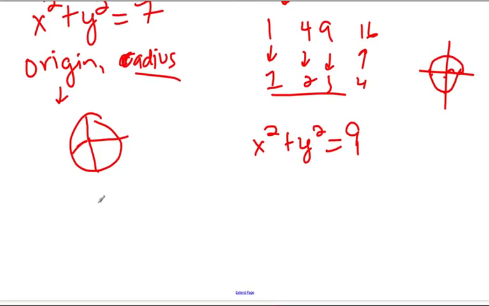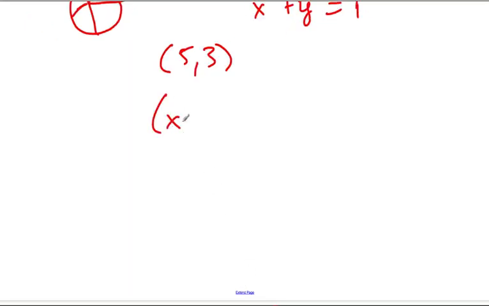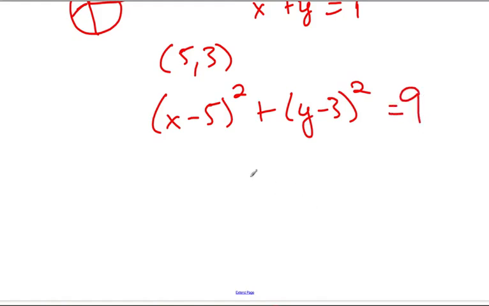Now, to change the origin, let's say we wanted the origin to be 5, 3. We will simply make changes to our graph. We're going to subtract 5, and then we're going to subtract 3. This is similar to making vertical stretches and horizontal stretches and shrinks, where we keep the change inside the square function.